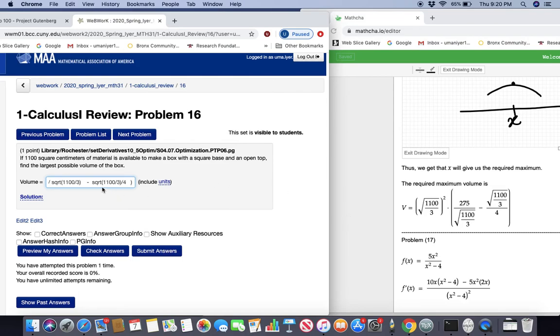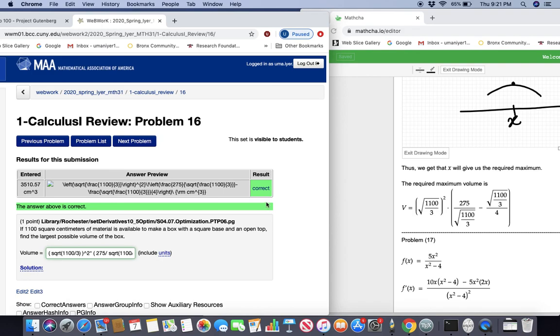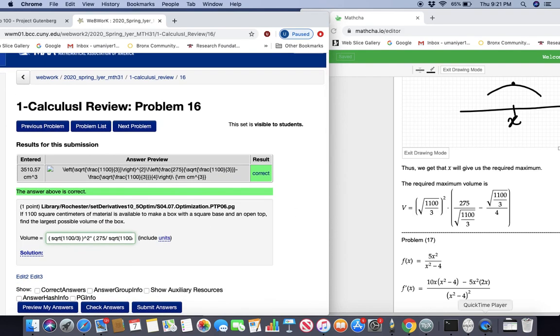Include units. It's a volume. The area is in square centimeters, so that tells me my units are going to be centimeters. So I should say centimeter power 3, or cubic centimeters. Let's see what they accept. They accepted. All right. Until the next problem, then.